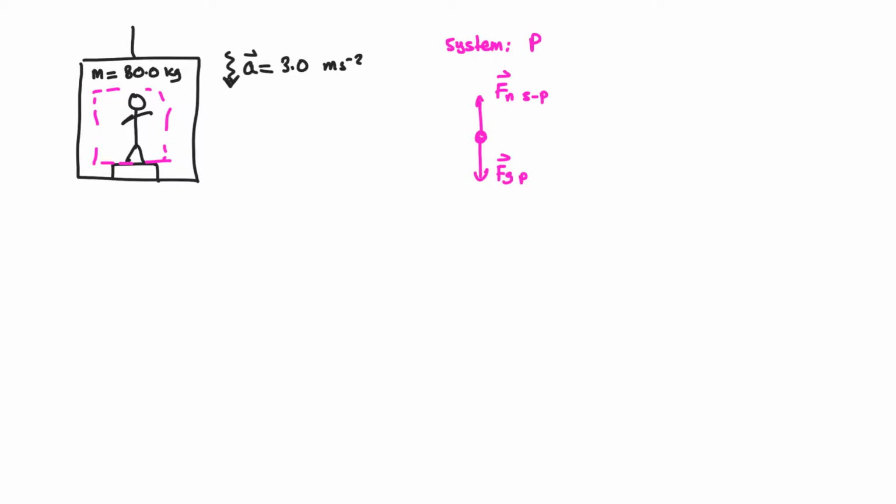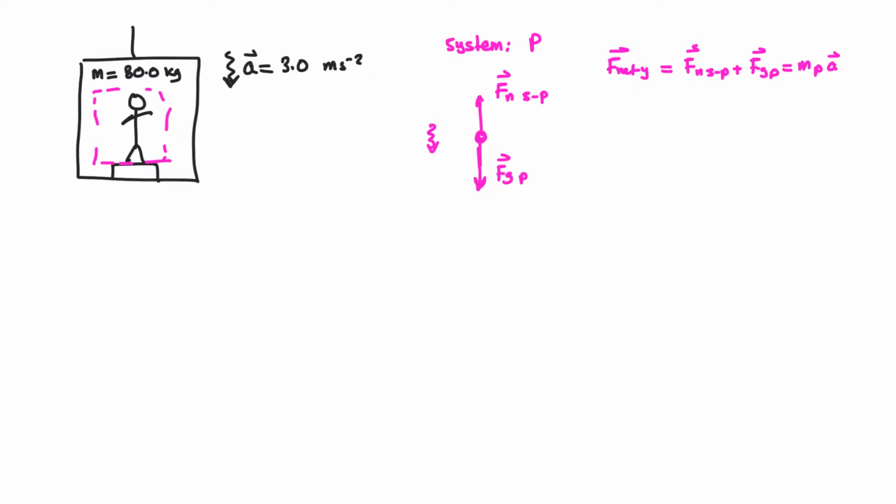And let's write our second law of motion here. F net y is equal to the sum of forces, that's F_NSP plus F_GP. That's going to equal the mass of the person times their acceleration. In this case, I know the acceleration is downwards, so I need to make sure that this force is bigger when I'm drawing the forces in order to do them properly.